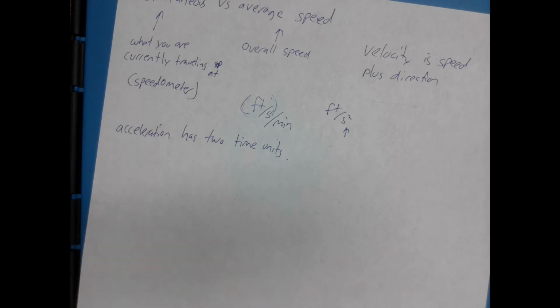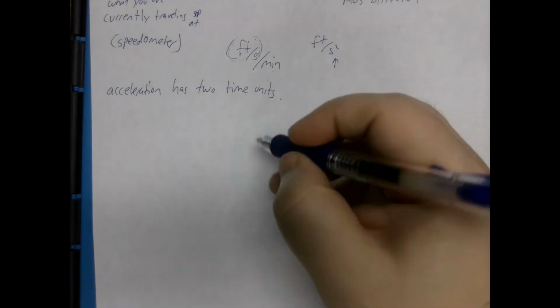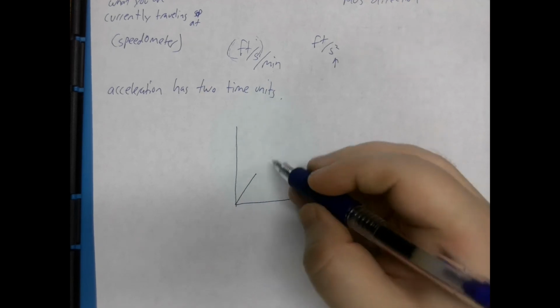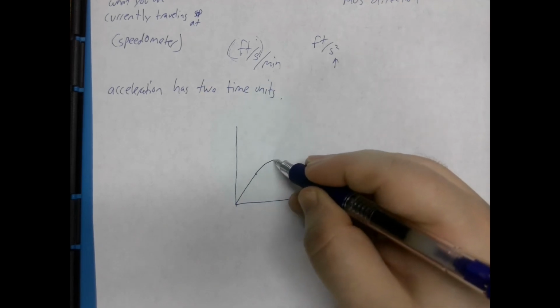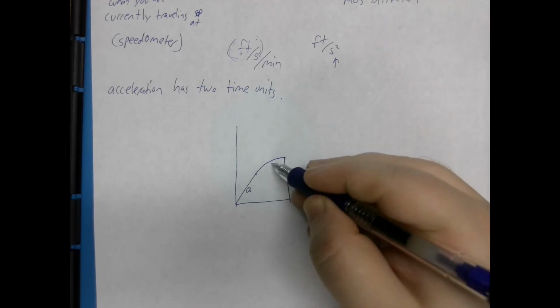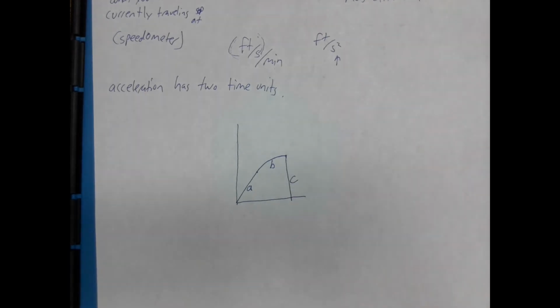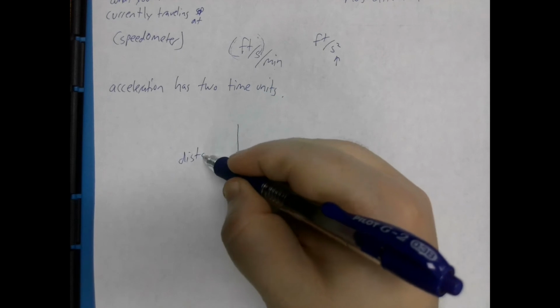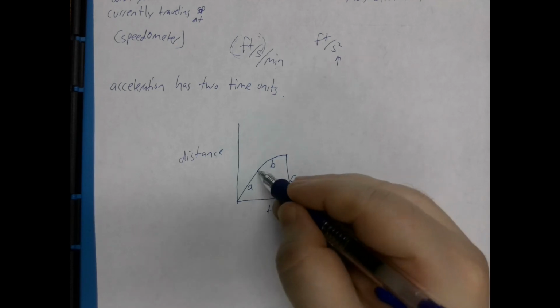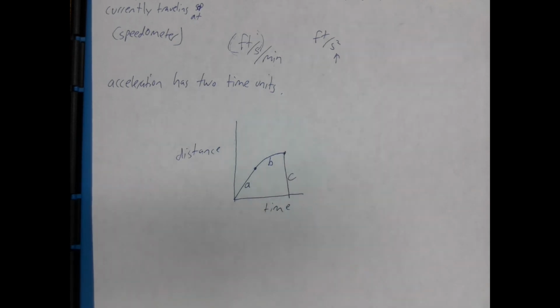So, for example, this is A, this is B, and this is C, and this is a distance time graph. In which segment are they accelerating?